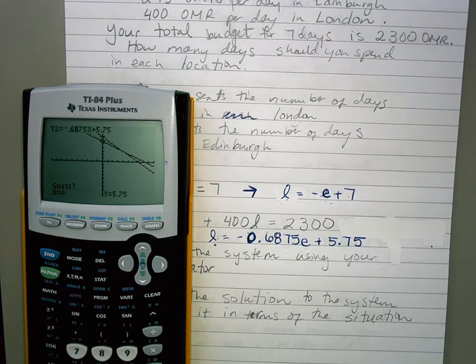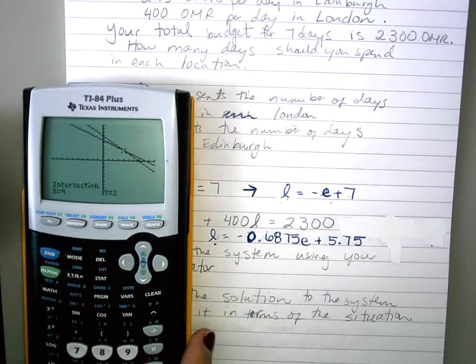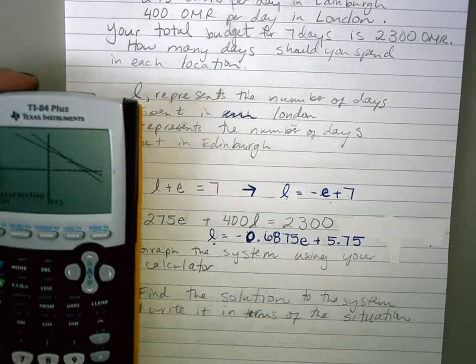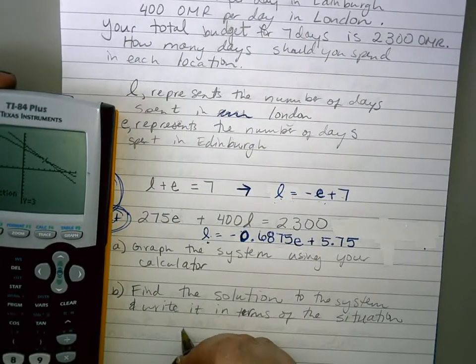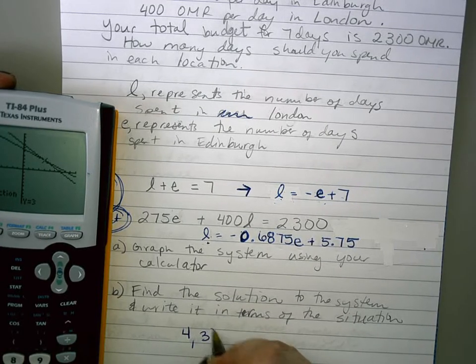And guess the intercept, yes. And the intersection is 4 and 3. So here, the intersection, we want to write the solution as 4, 3, as an ordered pair.